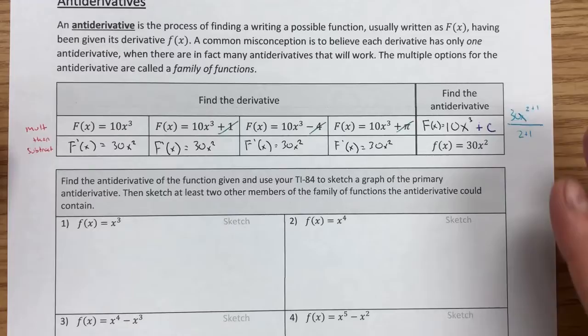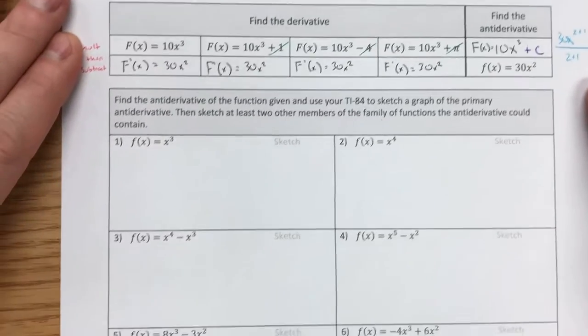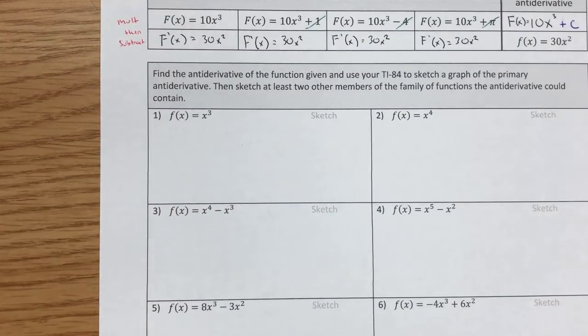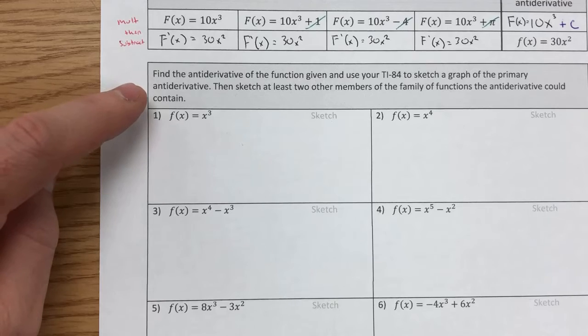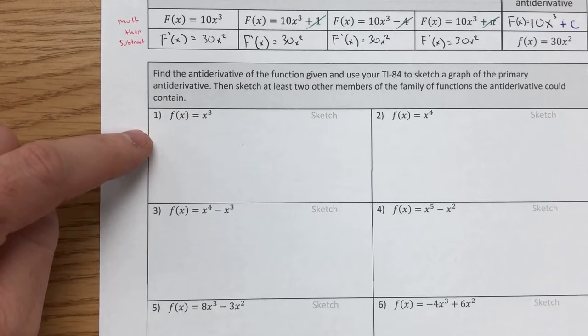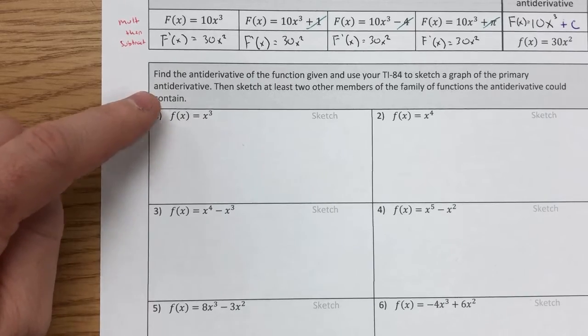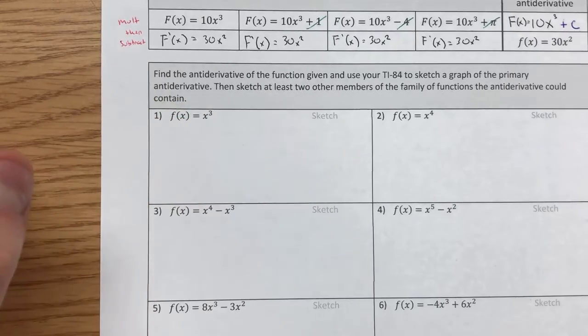So let's jump into number 1. We are going to find the antiderivative of the function and use our T84 to sketch a graph of the primary antiderivative. Then we're going to sketch at least 2 other members of that family of functions that the antiderivative could contain.